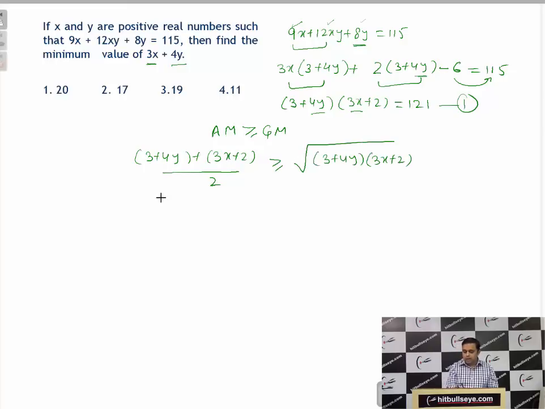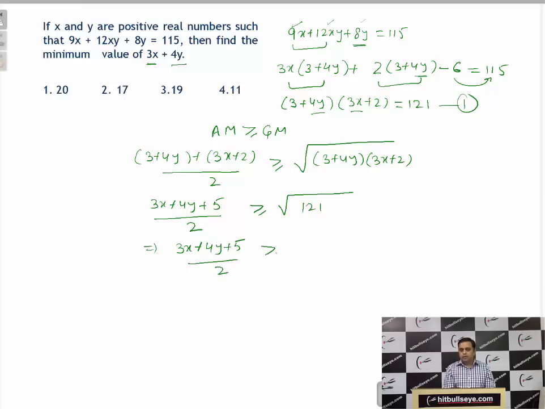So here we are left with 3x plus 4y plus 5 divided by 2 greater than or equal to, now this value is equal to 121, so we are left with 3x plus 4y plus 5 divided by 2 greater than or equal to 11.